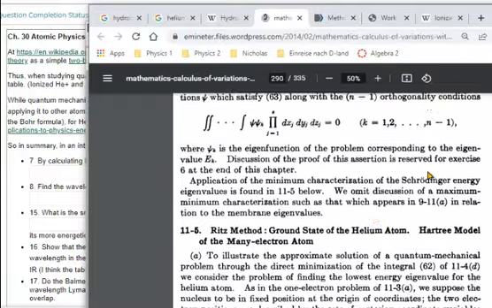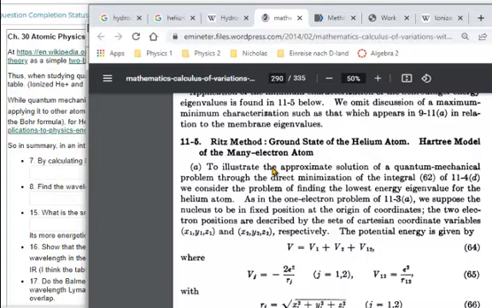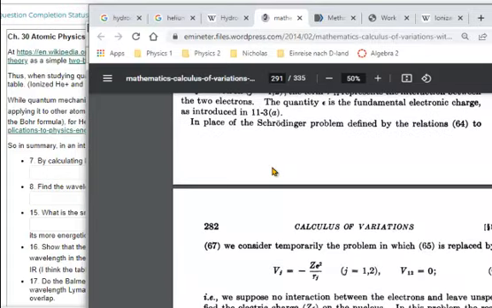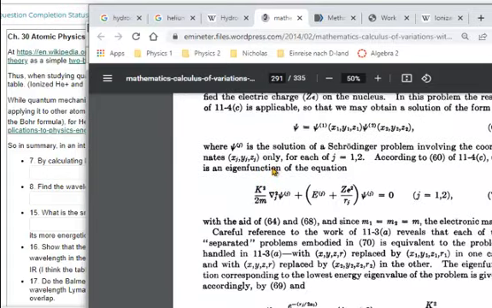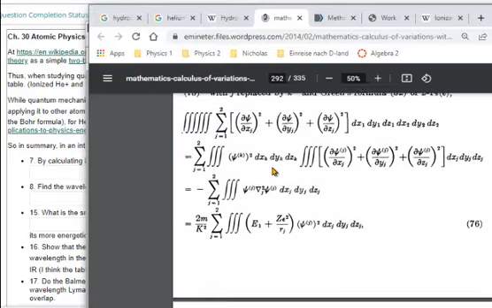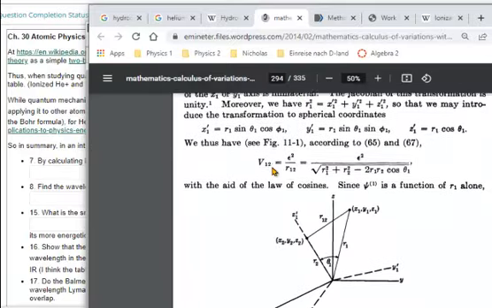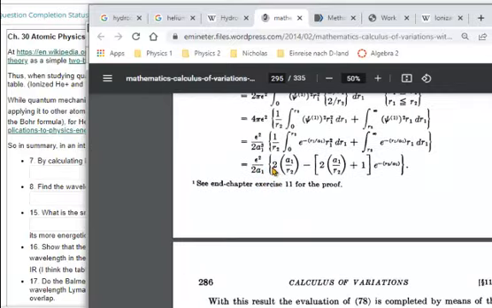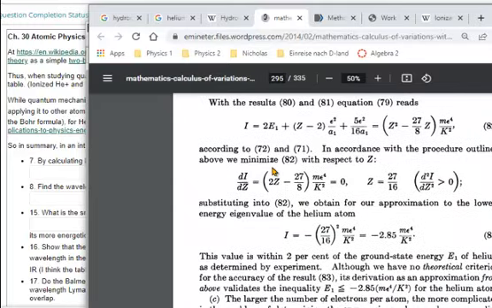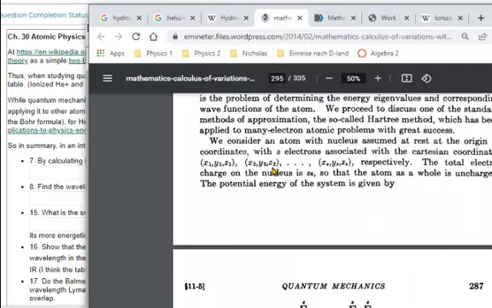Starting here, ground state of the helium atom, figuring out the ionization energy for helium, and because it has 2 electrons, this just goes on and on for the next 5 pages. And you can see all the calculus. This is called the calculus of variations. And this is what you actually would need for figuring out the one for helium.